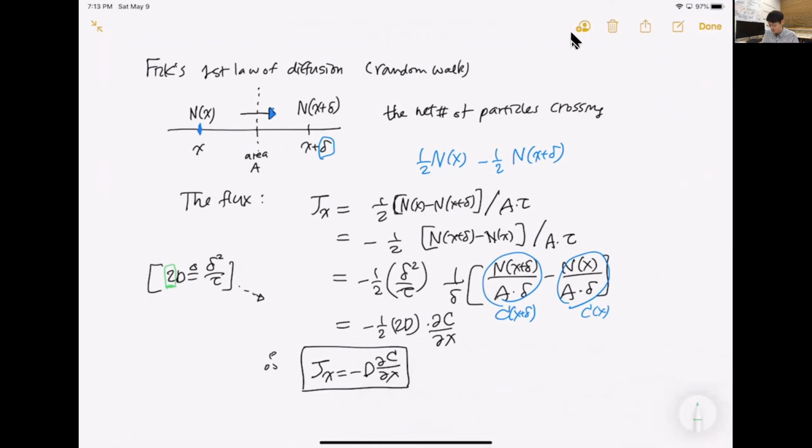I introduced 2 because I want to make this a nice simple D instead of half D. So this is the result of the first law of diffusion, meaning that the particle flux is proportional to the concentration gradient, with a nice proportionality constant, the diffusion coefficient. And we put a minus because the flow is usually from high to lower concentration.